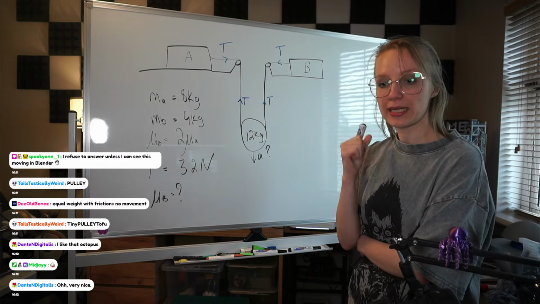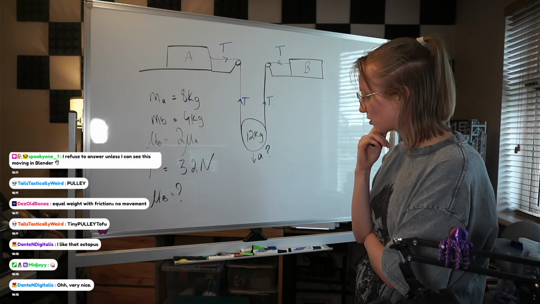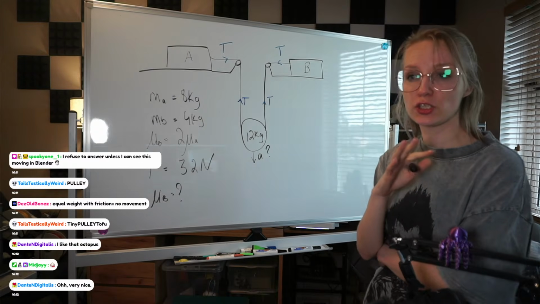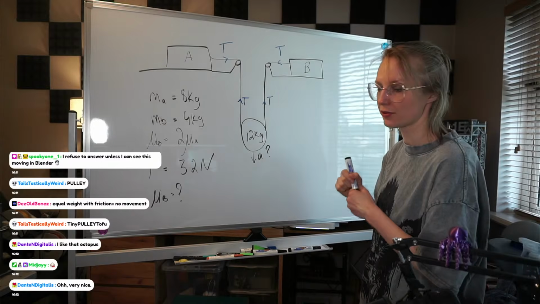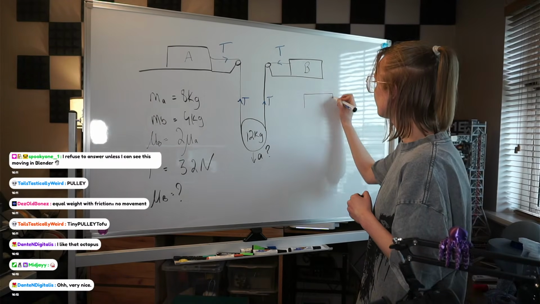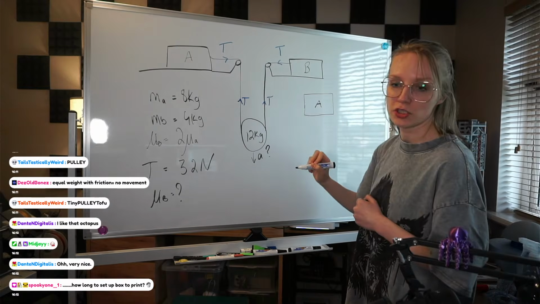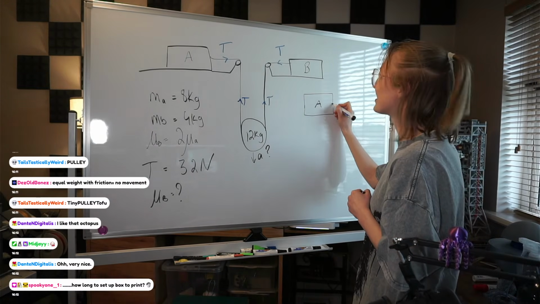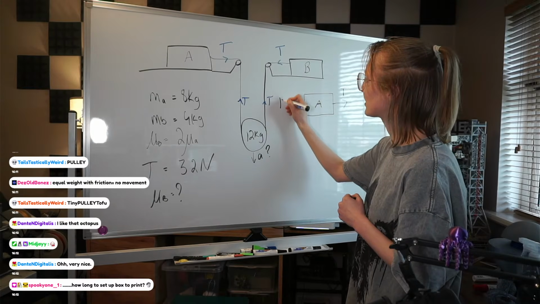Okay, so let's do a little bit of solving here. Let's solve each part. We might draw each block as a separate diagram just to make it easier for ourselves. So the first block, A, shut up, Spooky, has a tension in this direction and has a frictional force acting in this direction.